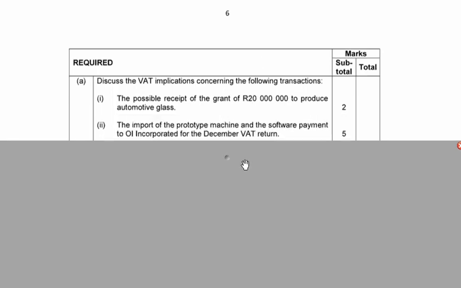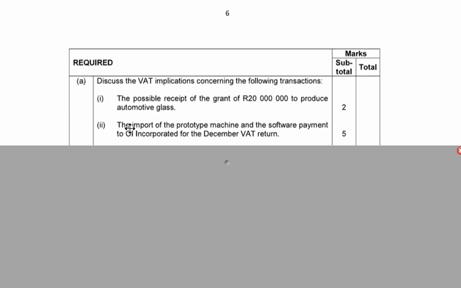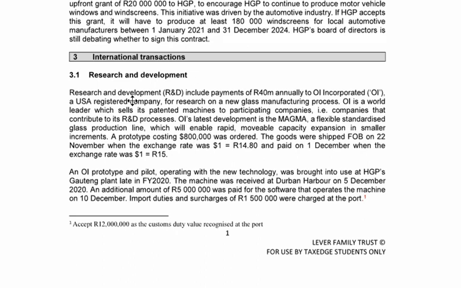Let's carry on. It says the import of the prototype machine and the software payment to OI Incorporated for the December VAT return, and there are 5 marks allocated for this. So let's read through the question.